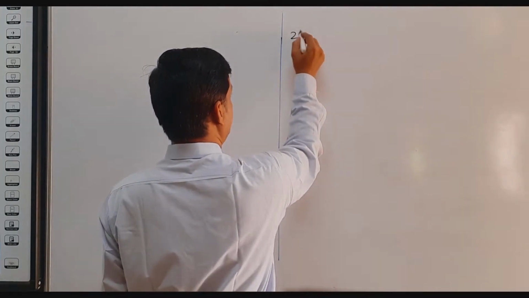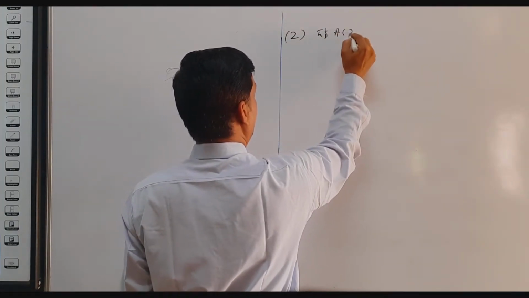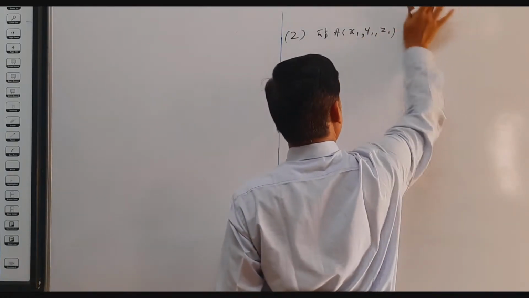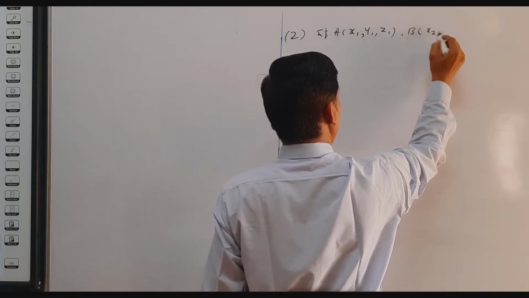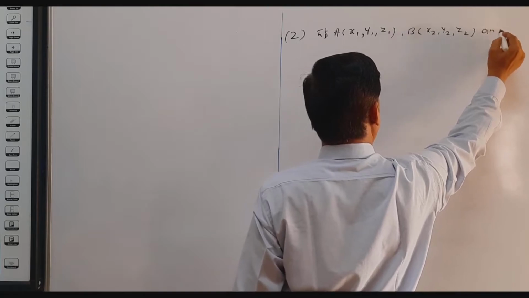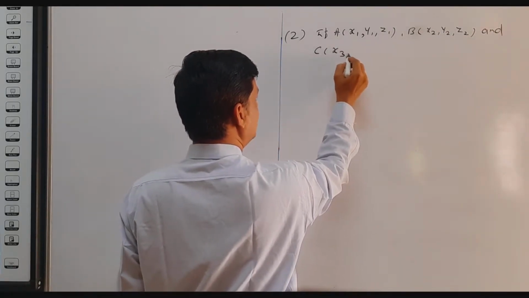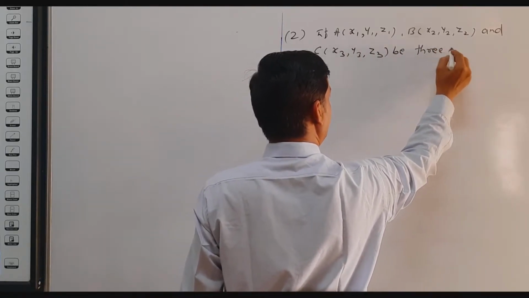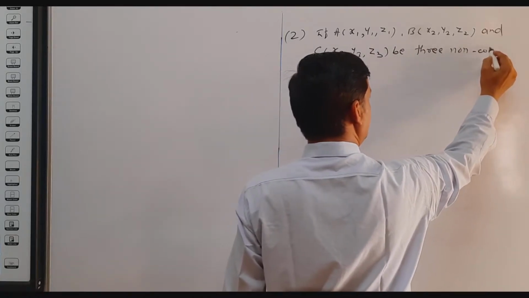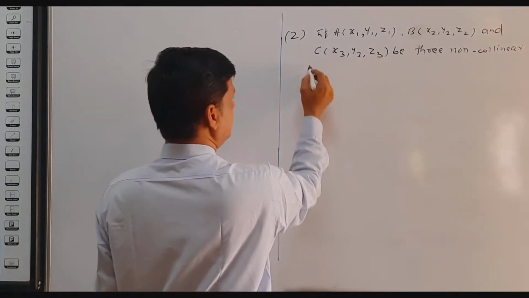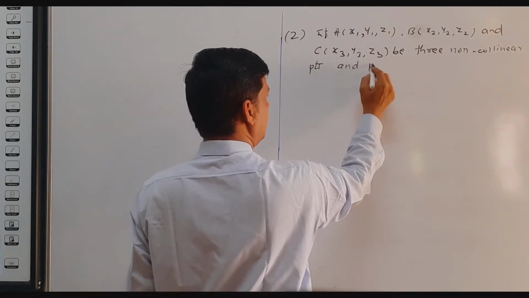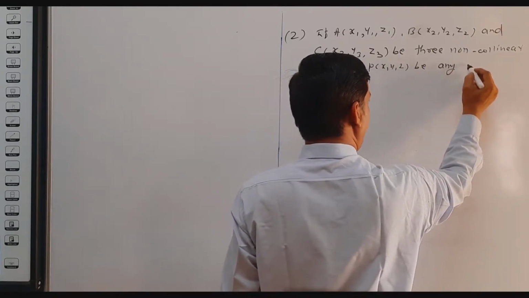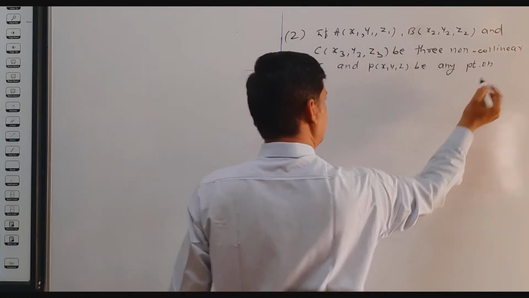So we consider here, this is second note, if A of x1, y1, z1 and B of x2, y2, z2 and C of x3, y3, z3 be three non-collinear points, and P of x, y, z be any point on the plane.